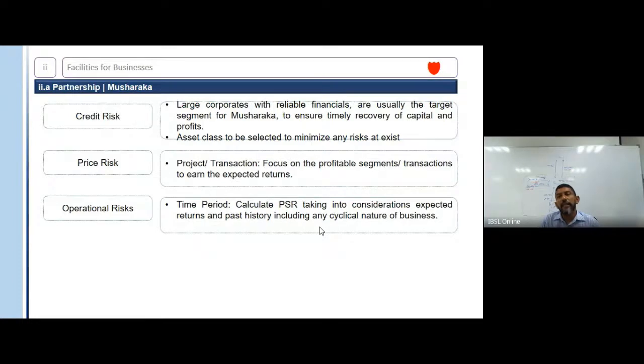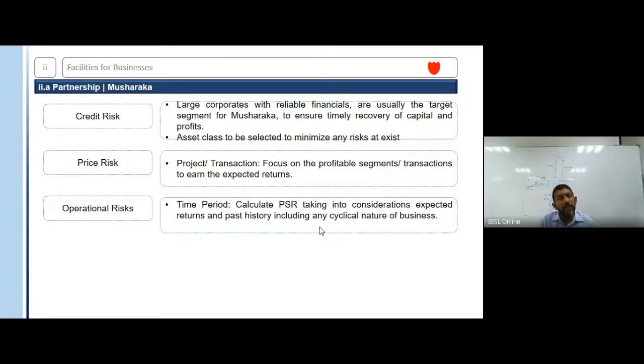And then third, in case there is a cyclical nature of business, a company which makes profits for first quarter, third quarter, and fourth quarter, but makes a loss in second quarter, if you enter into musharaka only during the second quarter, chances are you will lose money, because it is a bad quarter for that particular company, because its business is cyclical in nature.